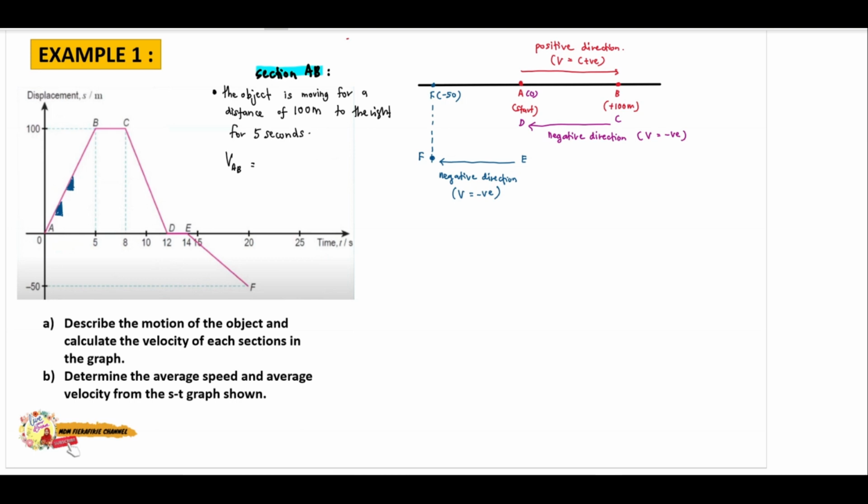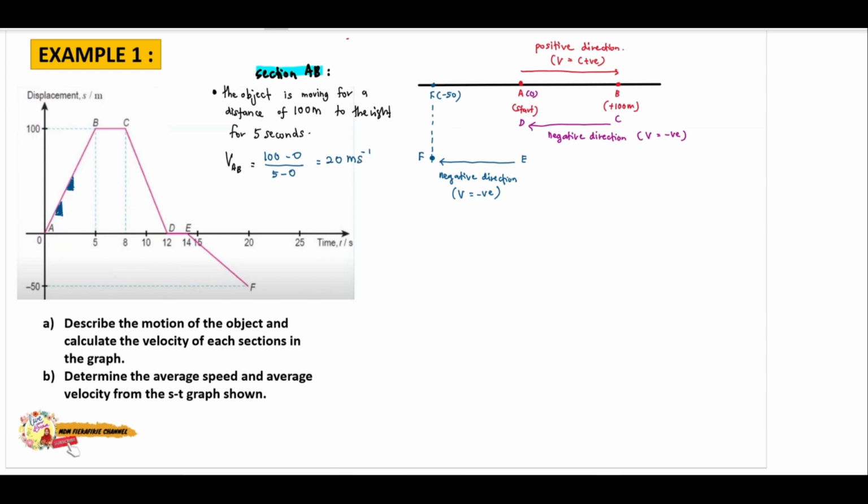Okay, so from A to B, we can calculate the velocity ataupun gradient of the graph. Velocity dapatnya daripada gradient of the graph, which is 100 minus 0 over 5 minus 0. And then the answer should be 20 meter per second.